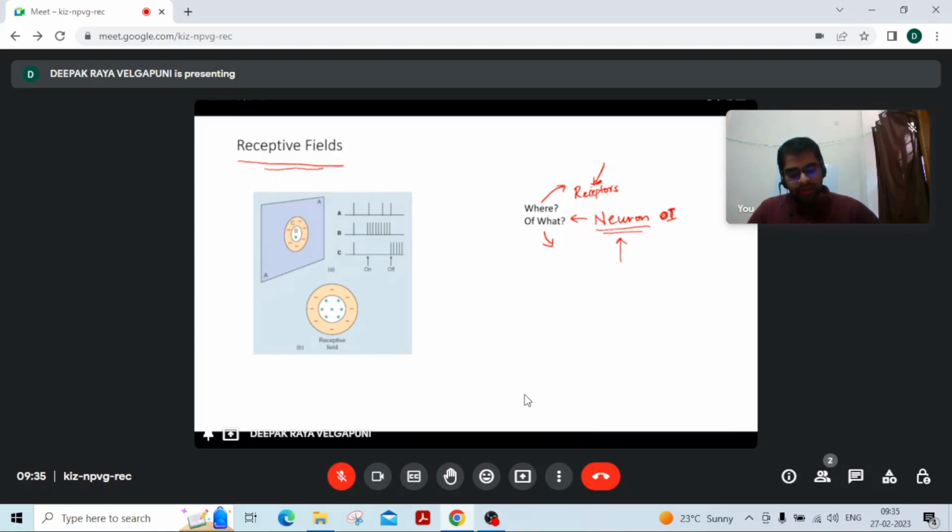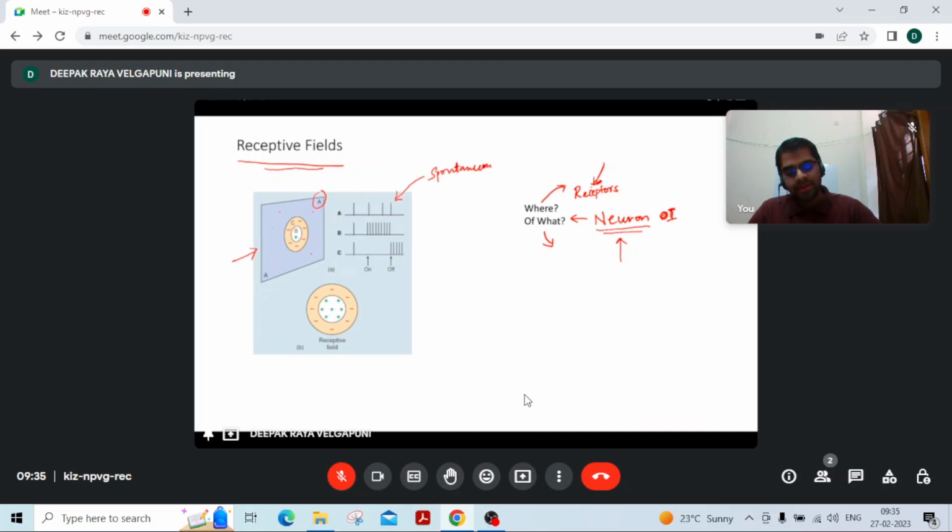So for example, let's take an example of light, and you throw spots of light on the area represented by area A. You see that there is some activity, but this is spontaneous activity.